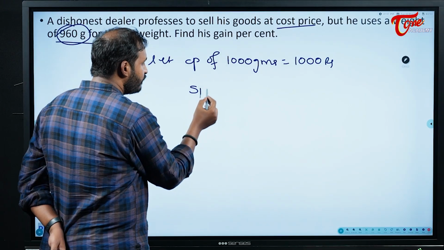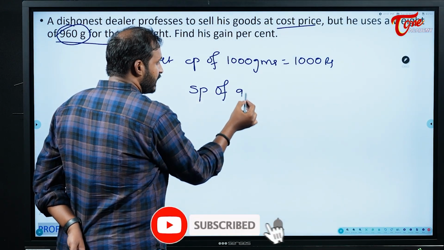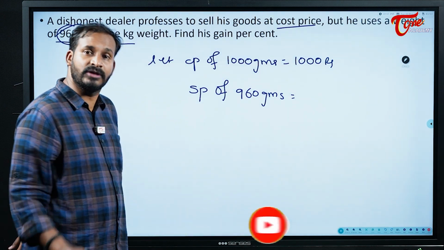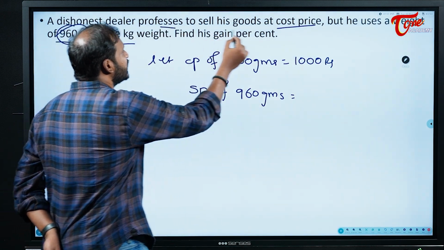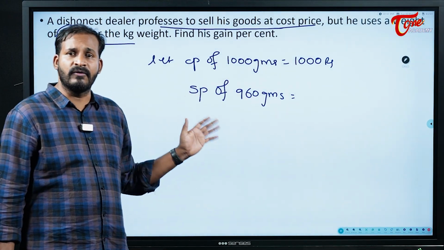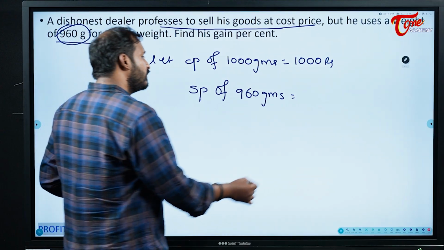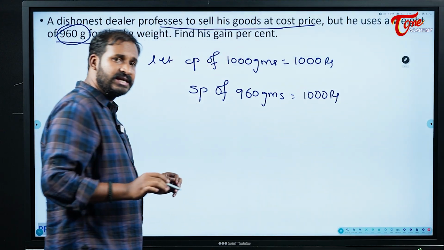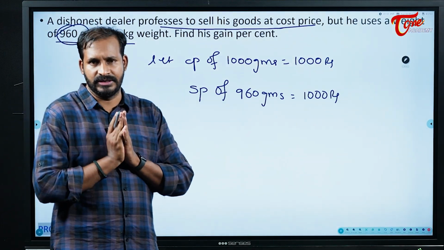What is the SP of 960 grams? 1000 rupees. Why? Because he professes to sell his goods at cost price. The actual price is 1000, and he is professing to sell it for the same 1000 rupees. He is telling that he will sell his goods at cost price only.